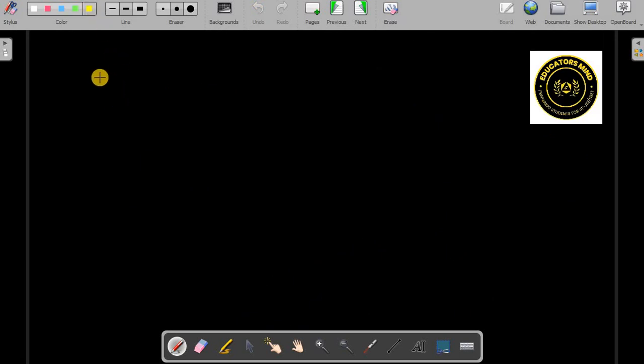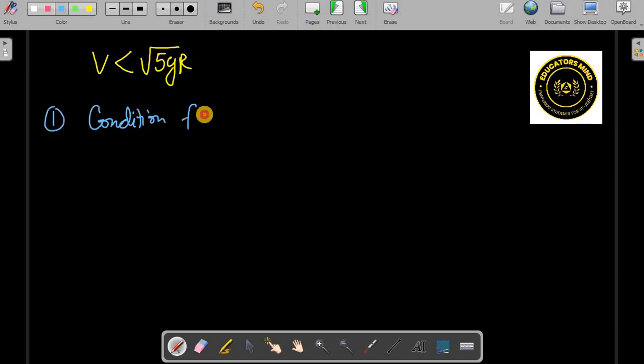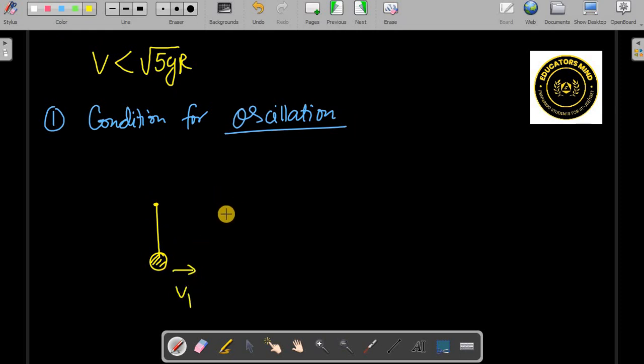What will happen if the pendulum has velocity less than root 5gr? Now, less than root 5gr, something else can happen. Let us try to understand the condition for oscillation. Suppose you consider a bob or an object, and you give it some velocity v1 here.